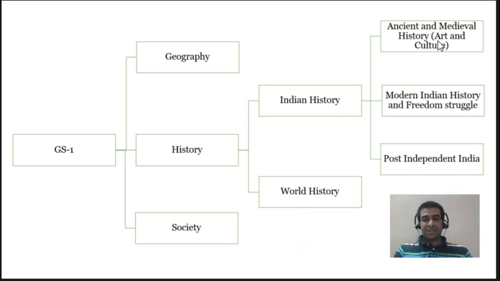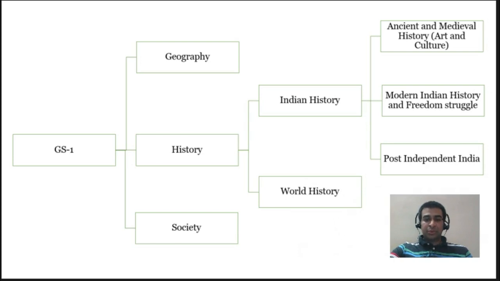Some students try to distinguish modern Indian history as from 1707 or 1757 to 1857, and the freedom struggle from 1857 to 1947. Again, I suggest you do not make a strict compartmentalization of these timelines, because as I told you, there is a lot of overlap, and you have to be in a position to connect the past with the present.